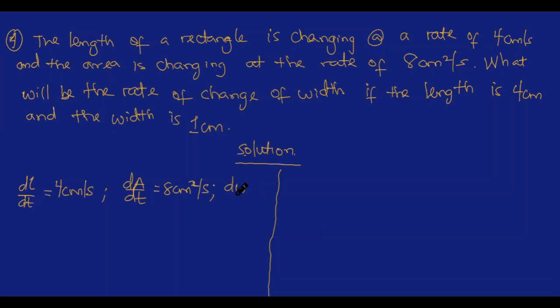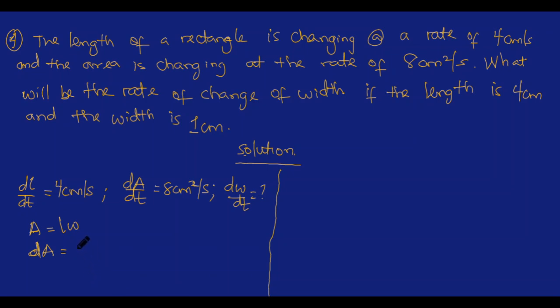But we need to first establish that the area of a rectangle is the length multiplied by the width. So A is equal to LW. So it's a function that depends on L and also on W.